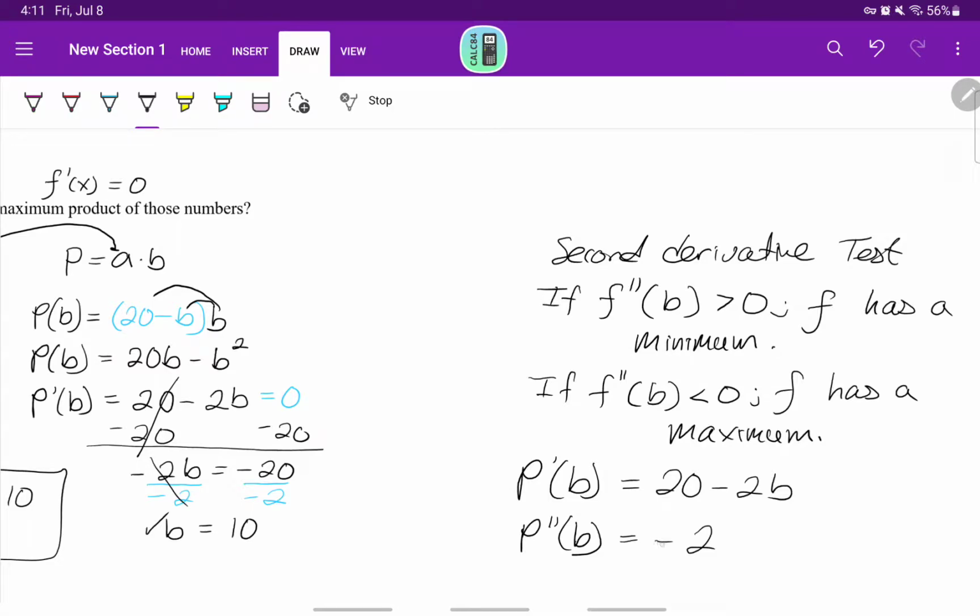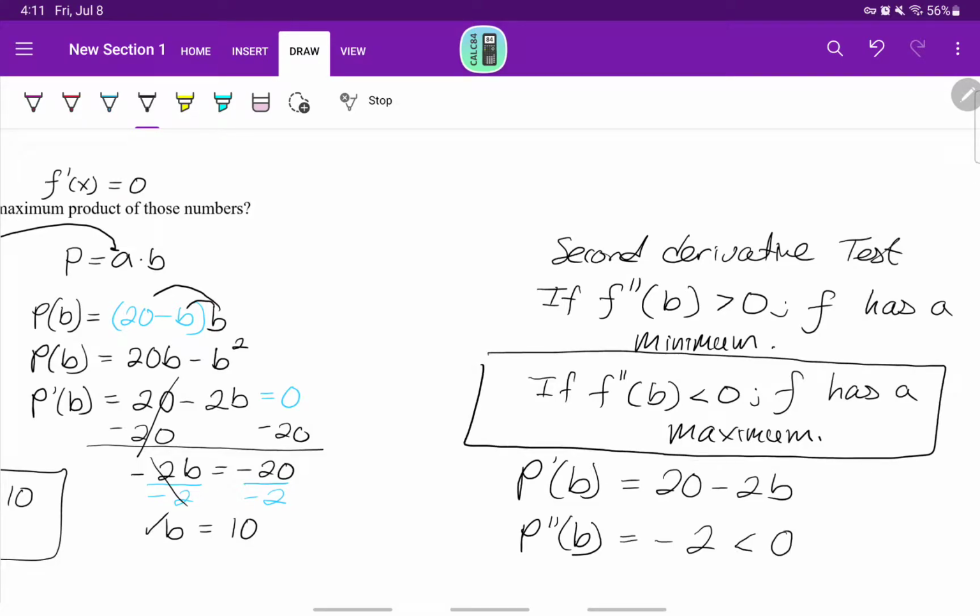As we can see, negative 2 is a number that is less than 0. And because negative 2 is less than 0, we have a maximum. So that is the maximum product of the numbers.